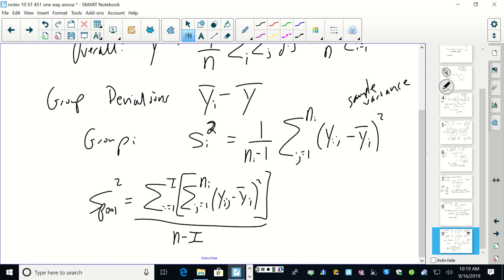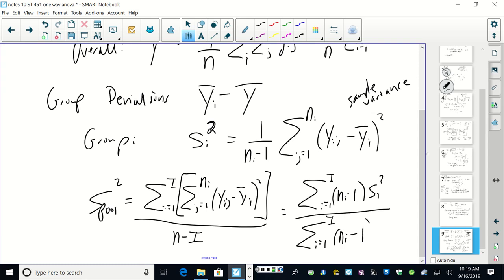So another way of writing this is the sum of n sub i minus 1 times s i squared, over the sum of the n's, and there are I groups, so if we subtract 1 from each one, we get n minus I. So there are a couple of ways of writing that pooled variance estimate, kind of an averaged estimate of the individual variances.